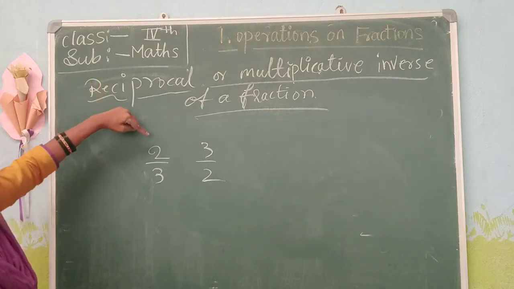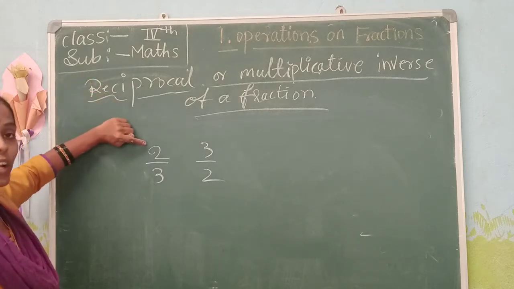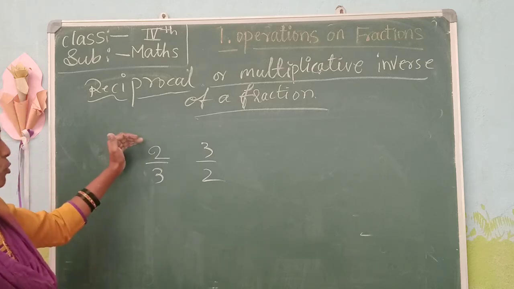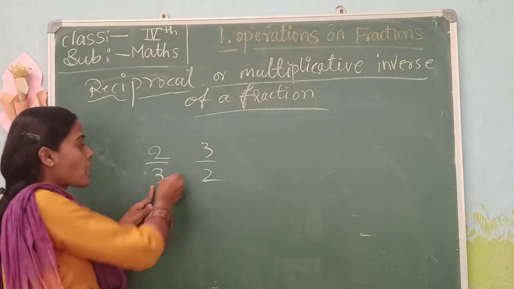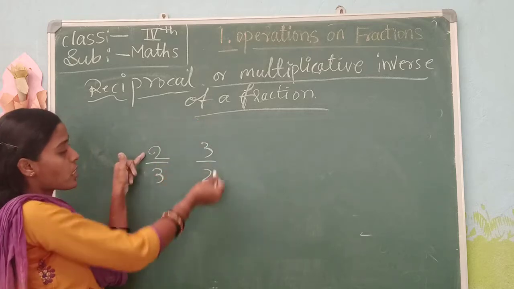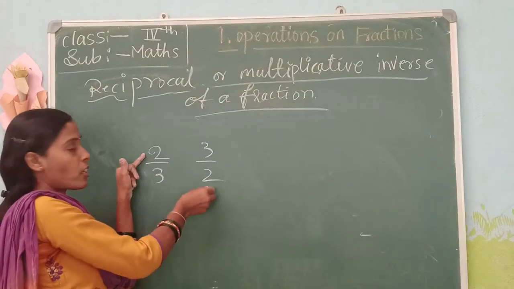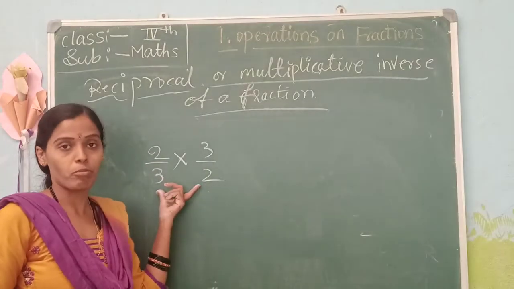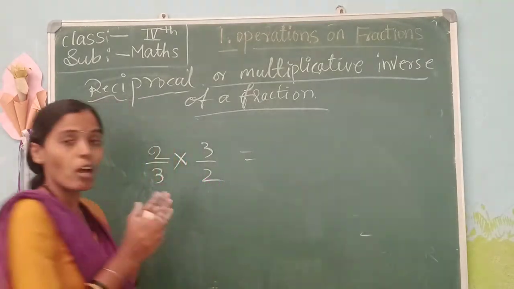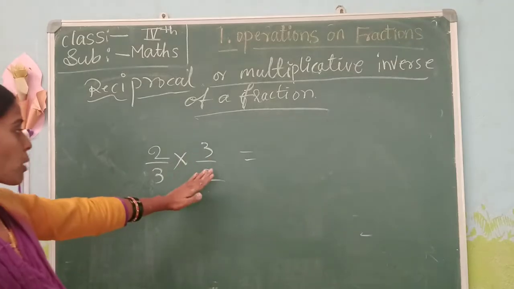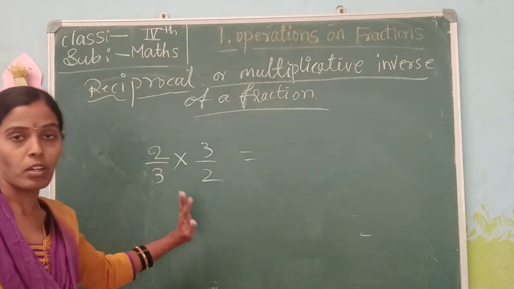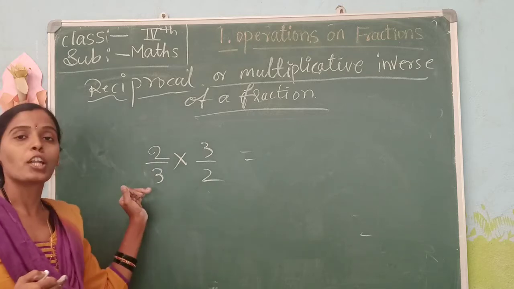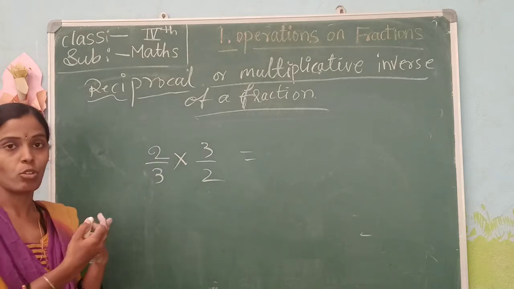If the numerator is 2 and the denominator is 3, the reciprocal form of 2 by 3 has 3 in the numerator place and 2 in the denominator place. Then we multiply both fractions. Reciprocal means the inverse form, or the ulta form, where the numerator and denominator exchange places.